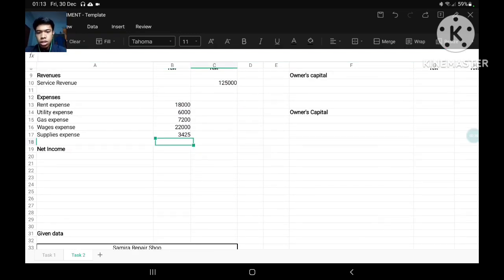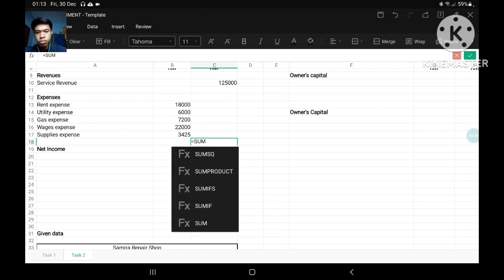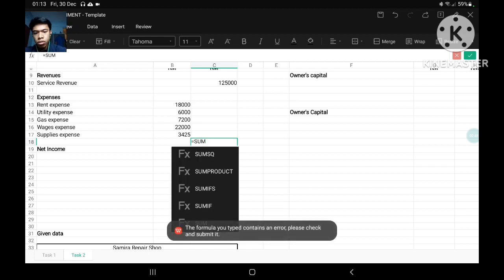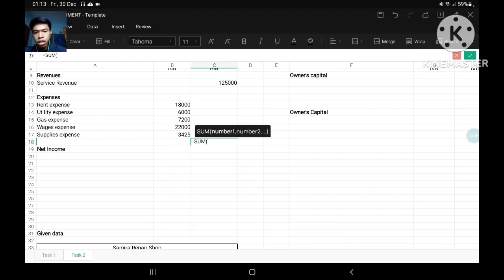To get total expenses, the same formula: equal sum, bracket, all, and enter.